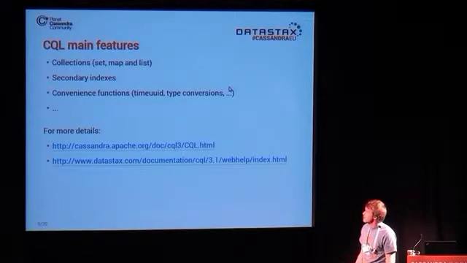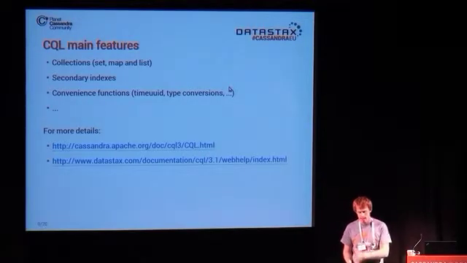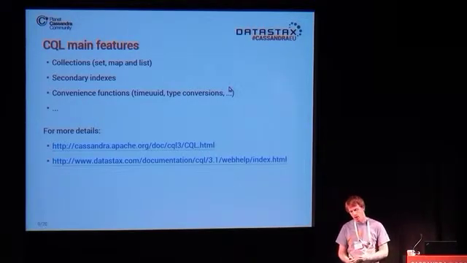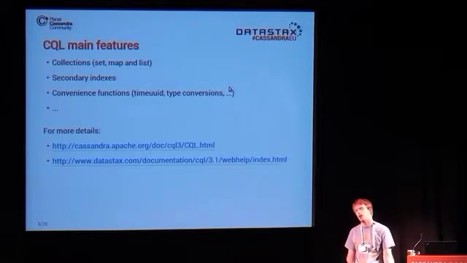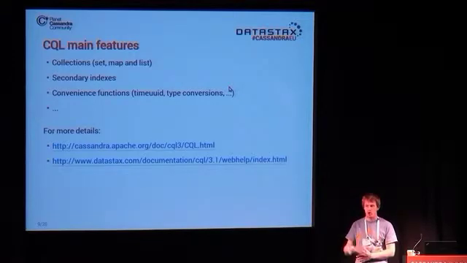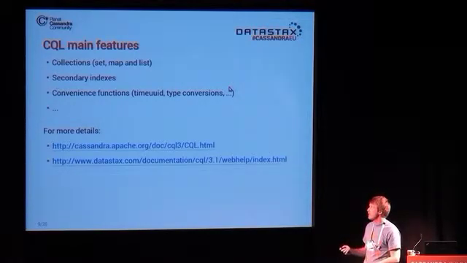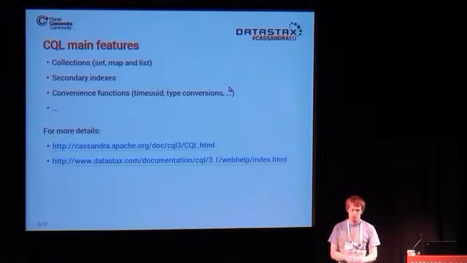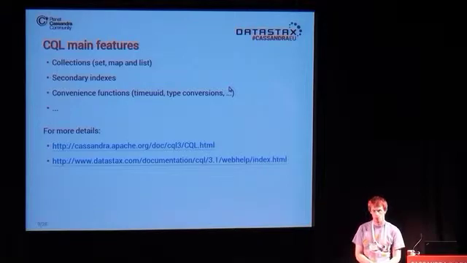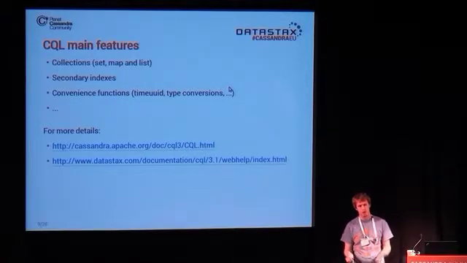The other feature is secondary indexes. I said before that you can query things based on the primary key, but you can actually create secondary indexes that you can use to query. That's convenient, but do note that even though they are convenient, they have performance characteristics that don't always work for your use case.